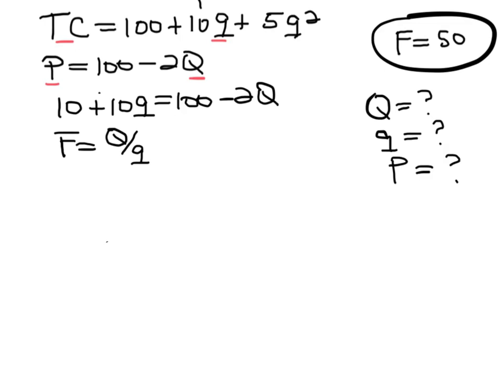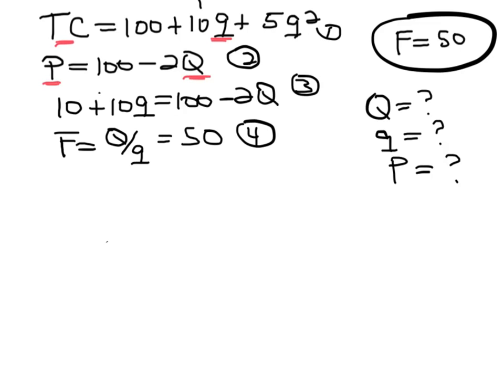F is actually known, it's actually 50. So now we have our 4 equations, 1 here, 2 here, 3 here, and 4 here, and we have 4 unknowns, P, Q, small q, and TC. So this is a system we can solve now for these variables that we have been looking for.